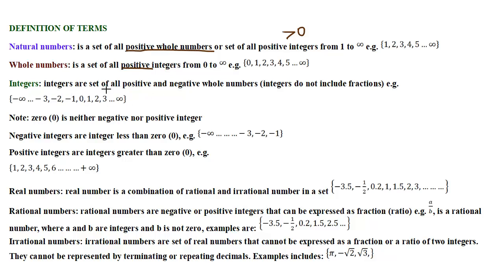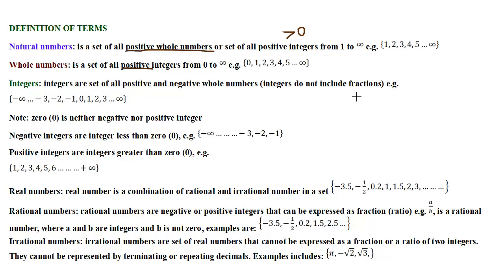Then we have integers. Integers are the set of all positive and negative whole numbers. When I say we don't have negative whole numbers, I'm talking in terms of definition basically. So they are the set of positive or negative whole numbers, and I put something here: integers do not include fractions.